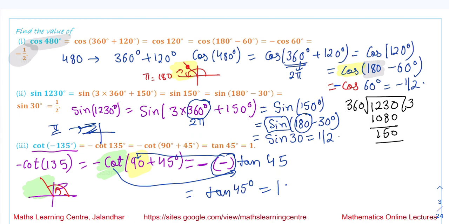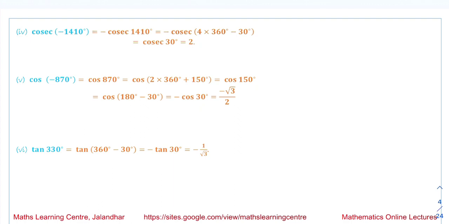Next is cosecant of minus 1410 degrees. Next we have to calculate the value of cosecant of minus 1410 degrees. So 1410, we can write as 1440 minus 30, and this value is equal to 4 times 360 minus 30.